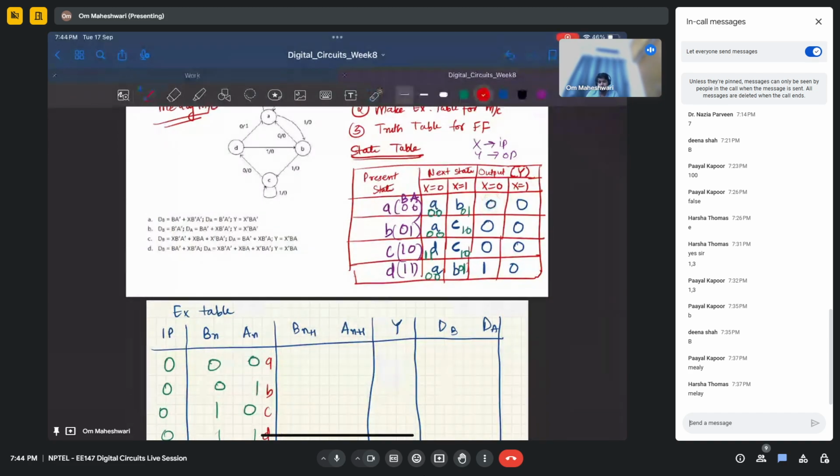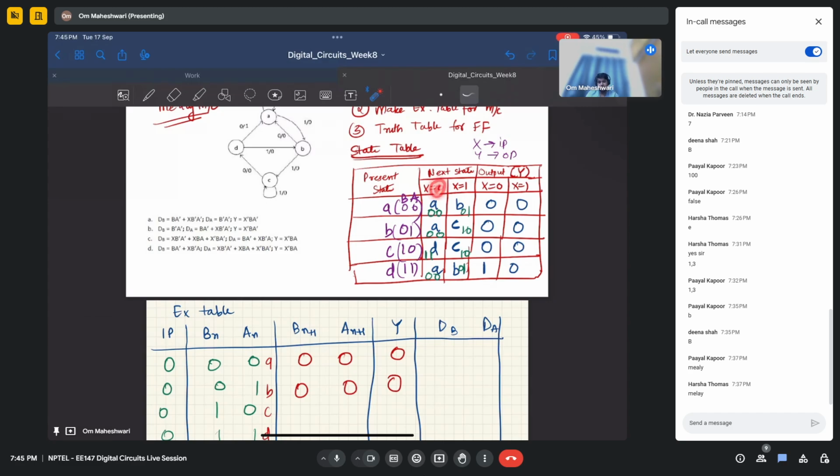Same thing you write here, still remain at state A, which is 00, and output is 0. Input is 0, you were at state B, you go to state A again, and output is 0. Same here, 00, output is 0.